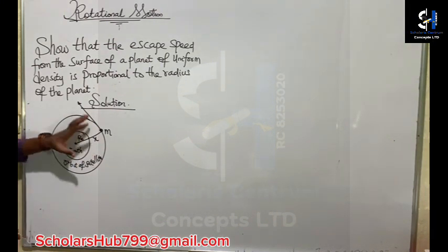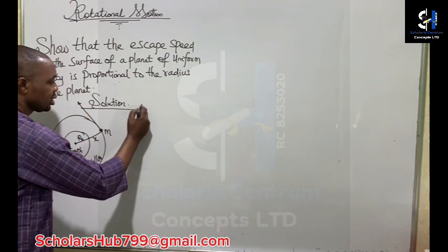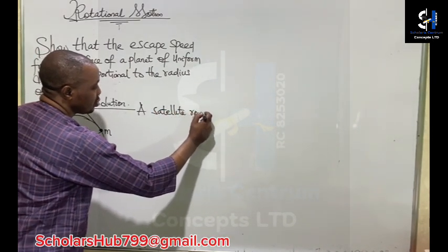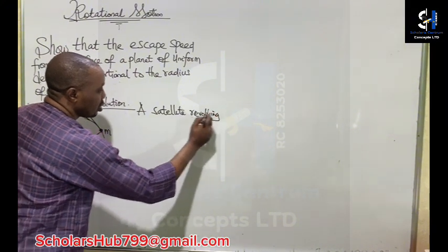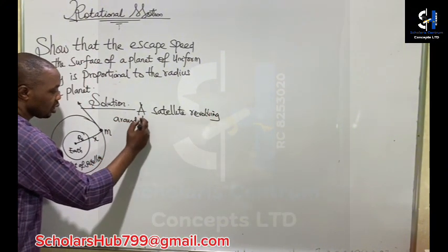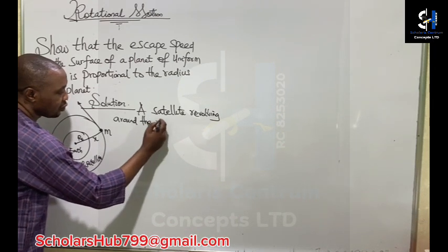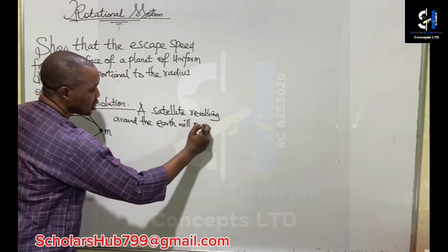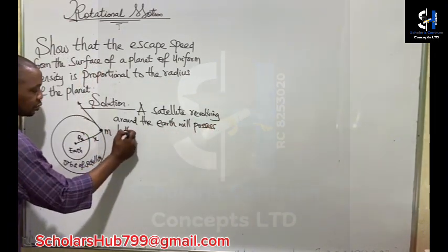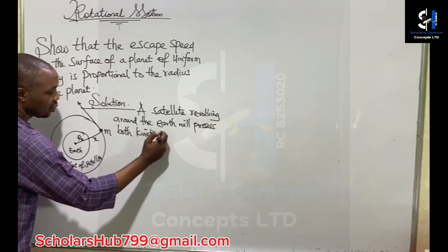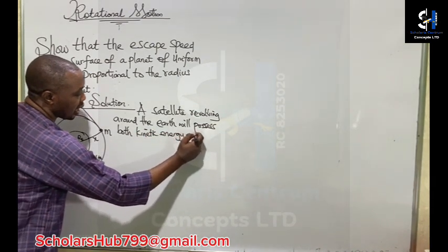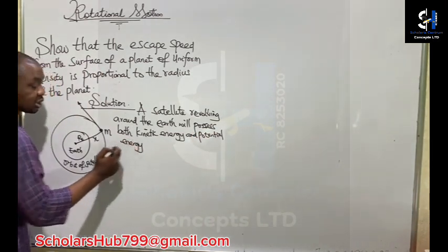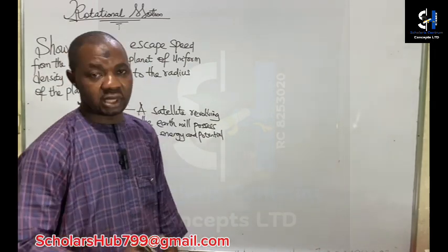So a satellite revolving around the Earth will possess both kinetic energy and potential energy. The potential energy in this case is the gravitational potential energy.